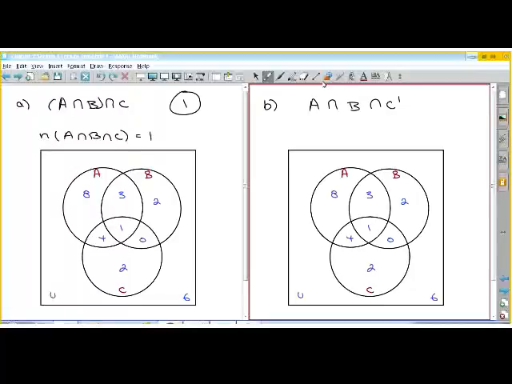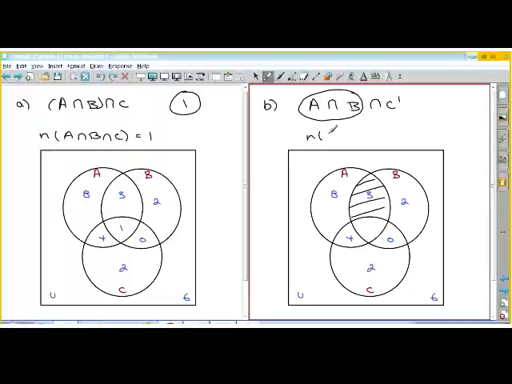So first we'll find the intersection of A and B, which we just did a second ago. That's this part. So that's A intersect B. When you subtract, you're removing the elements that are in set C. So I remove those. All I have left is this little shield. And then you look at the number in there.